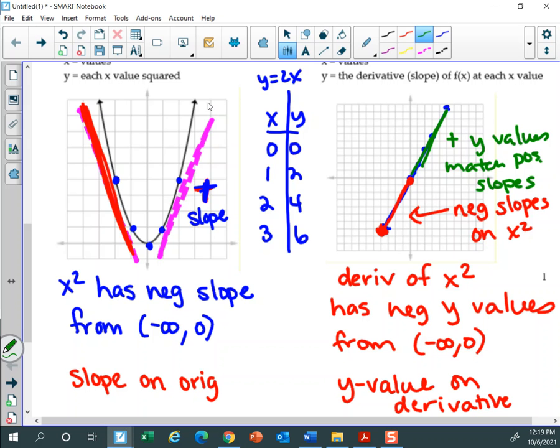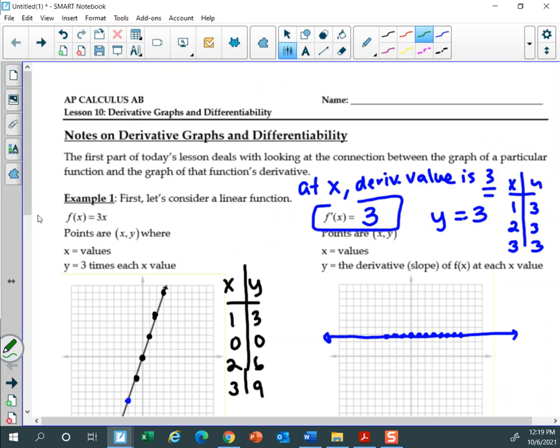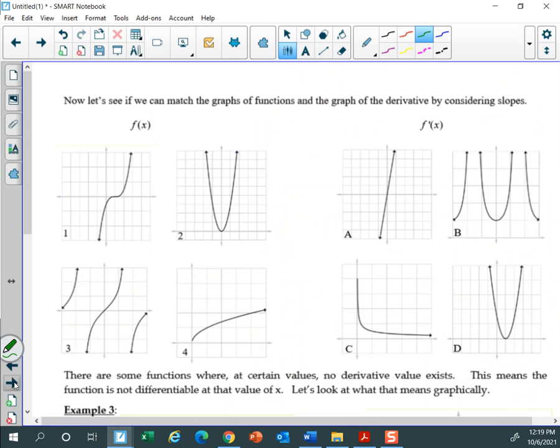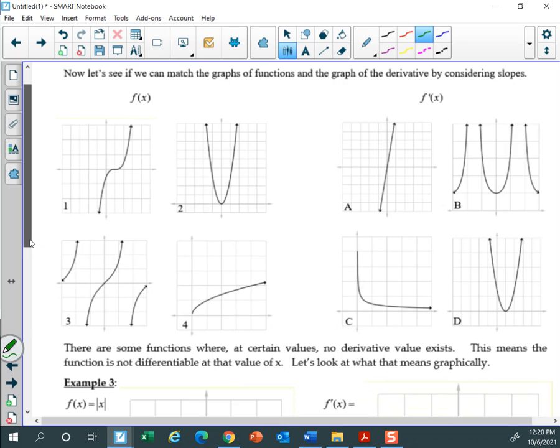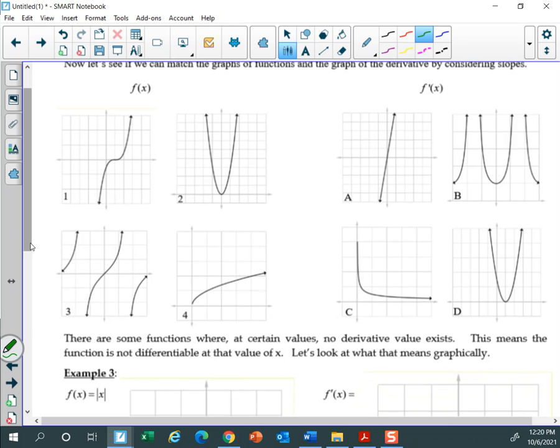Negative slopes versus positive slopes versus zero slopes become negative y values, positive y values, zero y values. A common scenario is that you will be asked, from a single function graph, to identify the graph of the derivative out of a set of choices, or potentially vice versa, from a derivative graph, to match back to an original function.